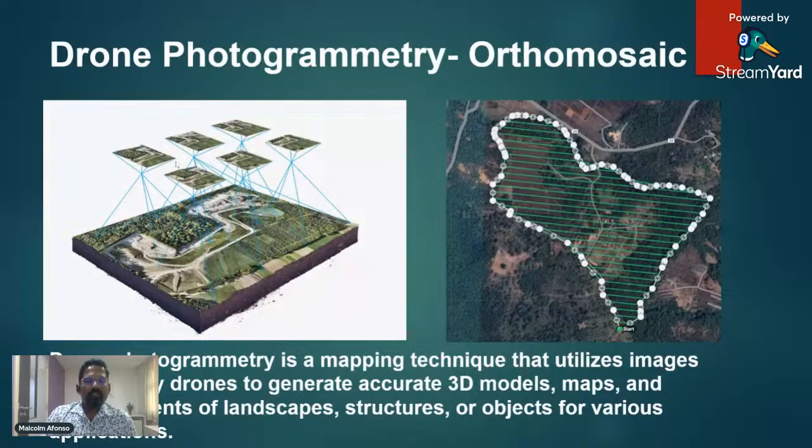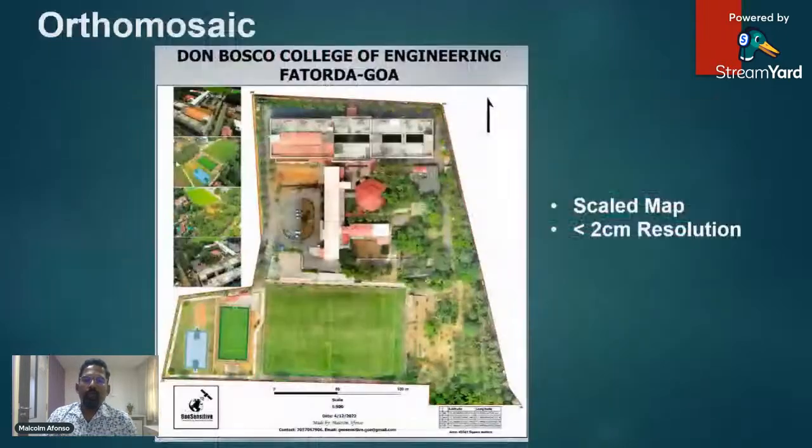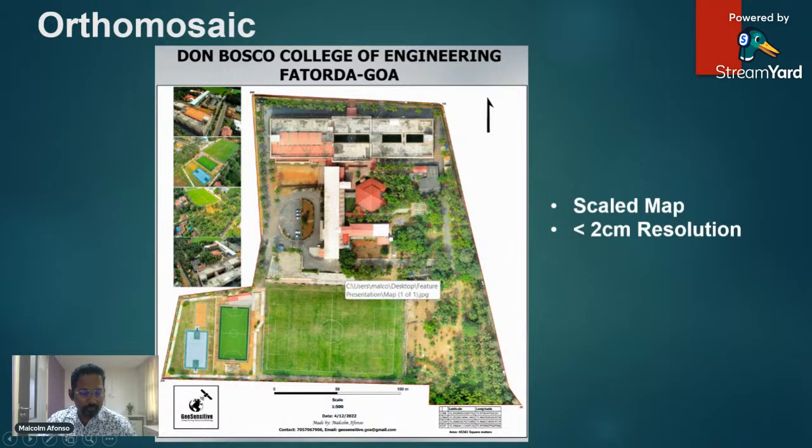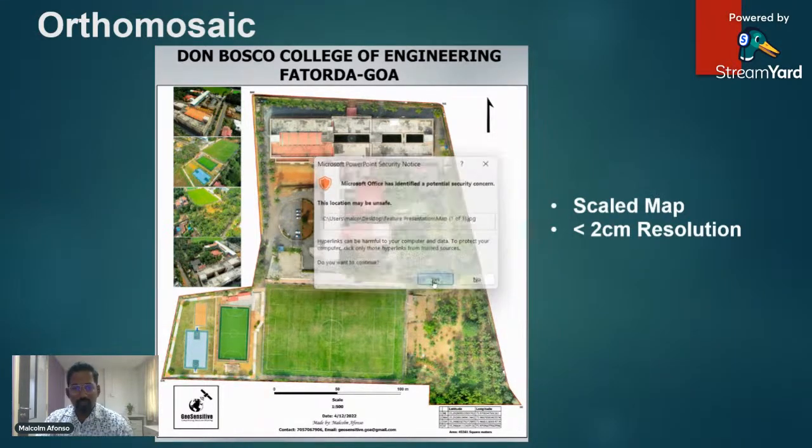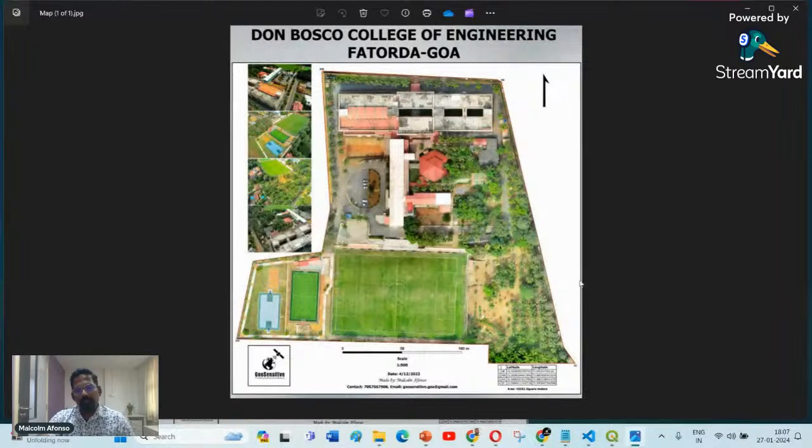Next I will try to show you what an orthomosaic is. This is one of the orthomosaics which we have created, and this is where our startup is also based. I'd like you to appreciate the scale of this. Let me open the real image and show you. This is an output which is covering the entire campus, about 50,000 square meters.